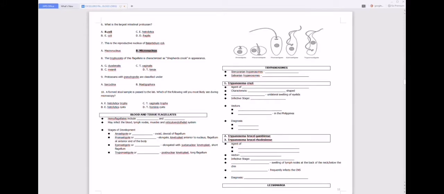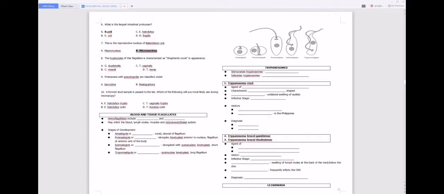Kasi diba, letter A, macronucleus is a kidney-shaped nucleus and it is the vegetative nucleus of Balantidium coli. While the micronucleus, the answer, is the reproductive nucleus, and it is characterized as a dot-shaped nucleus. Okay, so the answer is letter B.